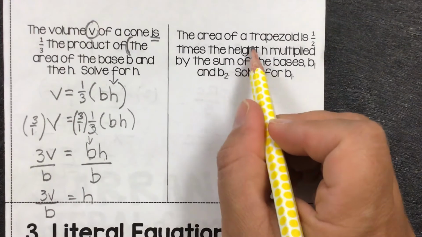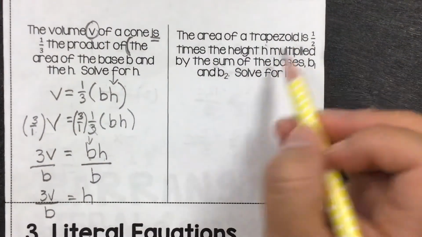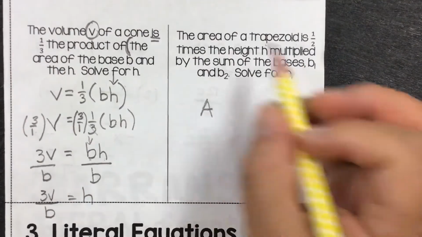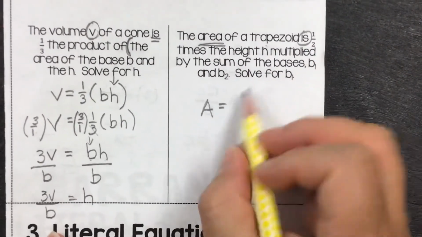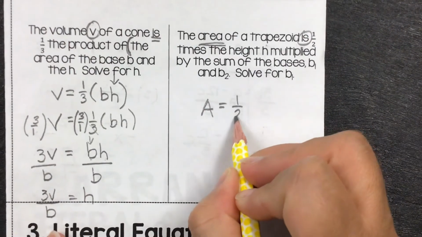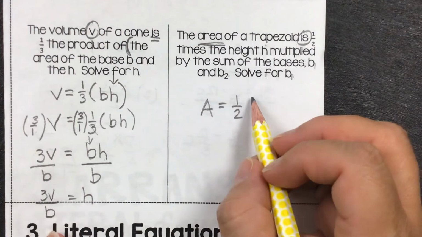The area of a trapezoid is, so we could use A for area of a trapezoid, equals 1/2 times the height.